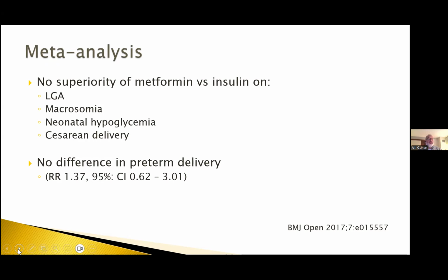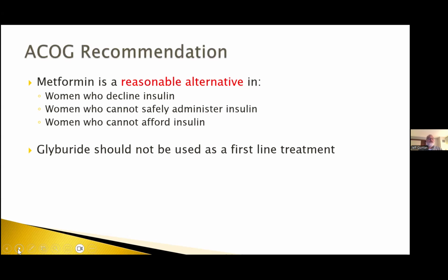It wasn't determined to be better for large for gestational age infants, macrosomia, neonatal hypoglycemia, or cesarean delivery when compared to insulin. It also demonstrated no difference in preterm delivery with metformin.